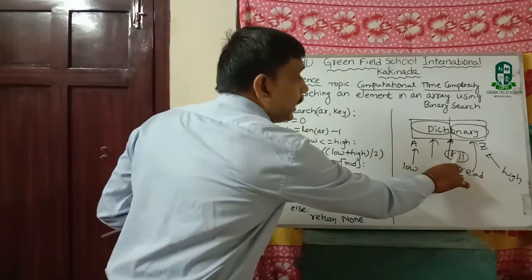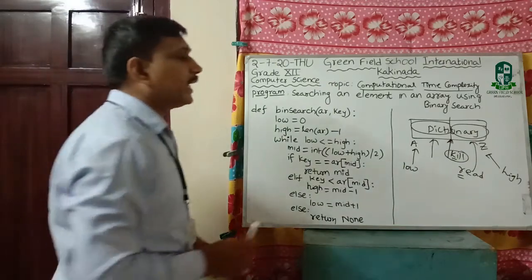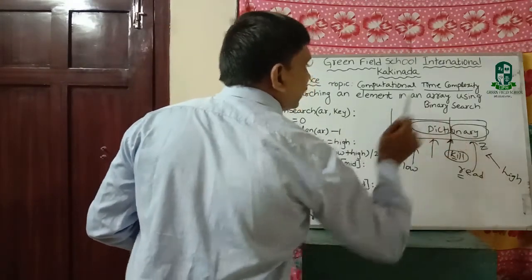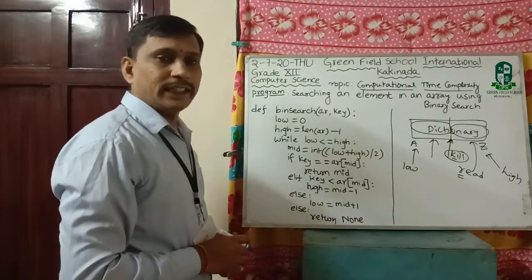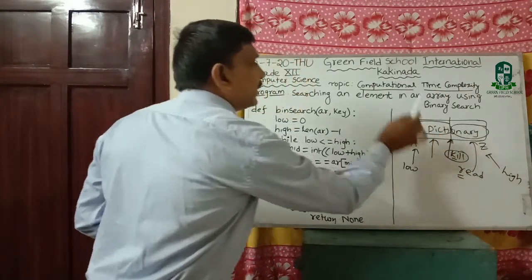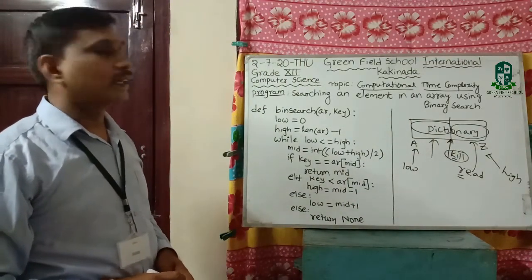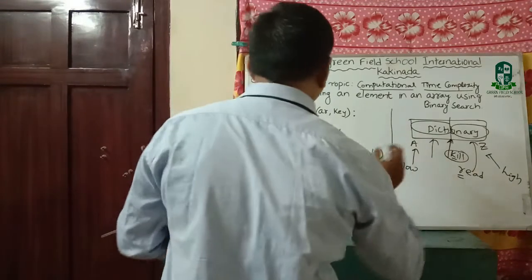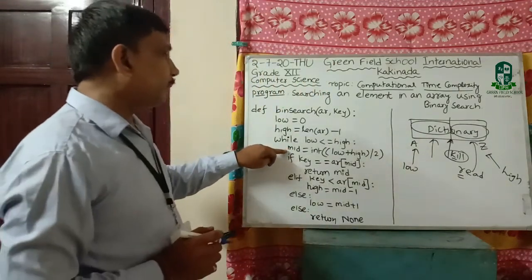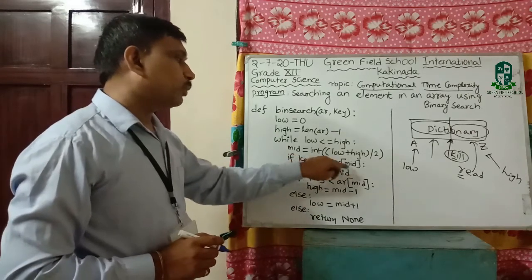Based on the mid element, we decide, we process the technique, the binary search technique. We search the element in this segment or in this segment, based on that we decide. Okay, so next, here we calculate the mid element based on the mid element position.